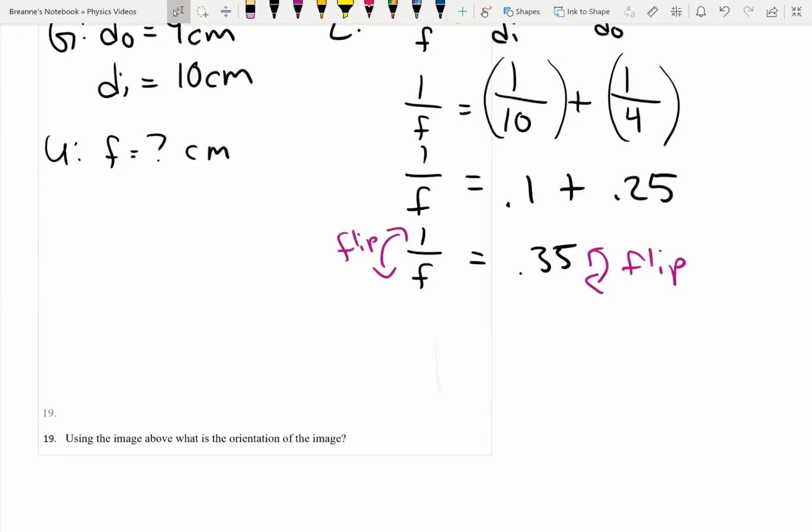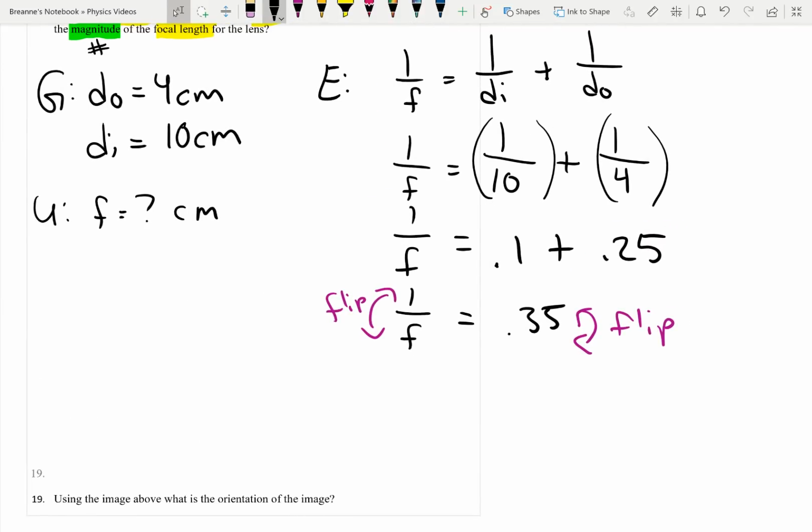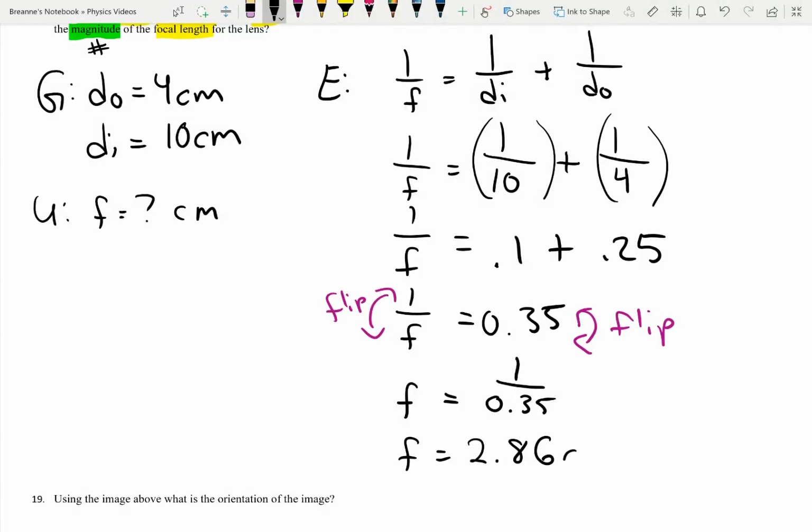That gives us our focal length equals 1 over 0.35. You plug 1 divided by 0.35 into your calculator, and you get that your focal length equals 2.86 centimeters if you round. And that is our answer.